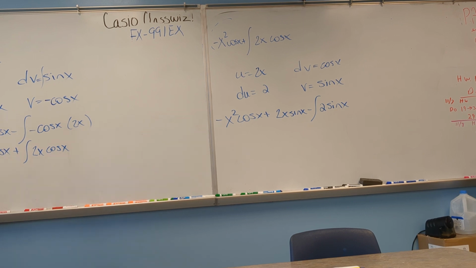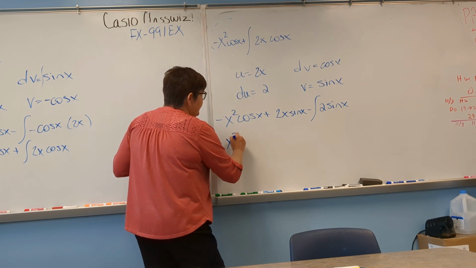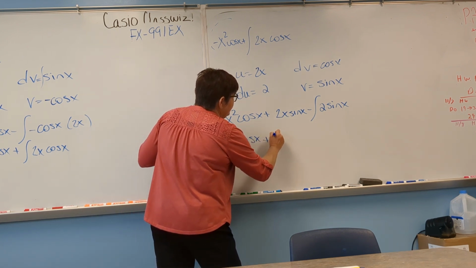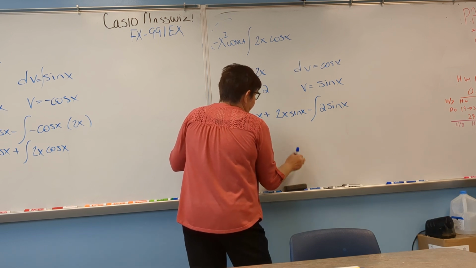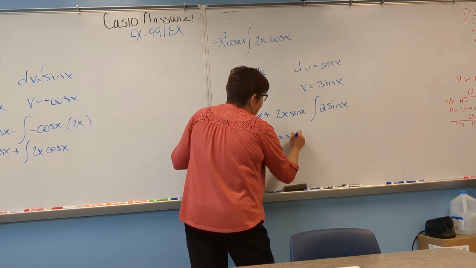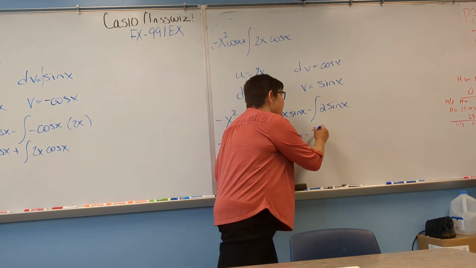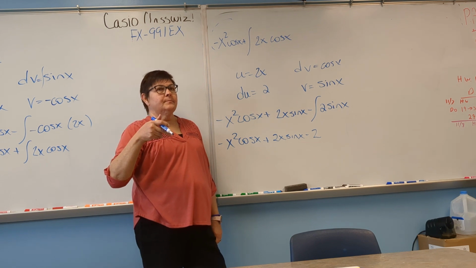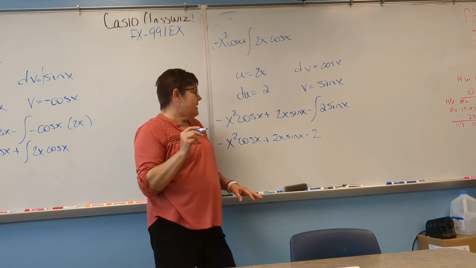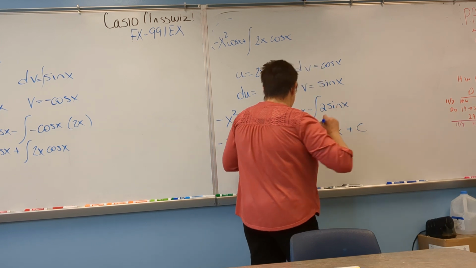Yes. Okay, so I'm going to rewrite this: negative x squared cosine of x plus 2x sine x. And then, help me out, the 2's going to go for the ride. What's the integral of sine? Negative cosine. So this becomes positive cosine plus c, and I'm done.